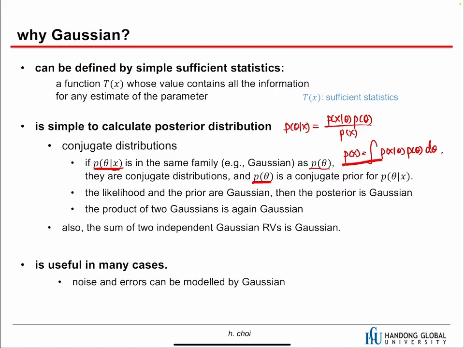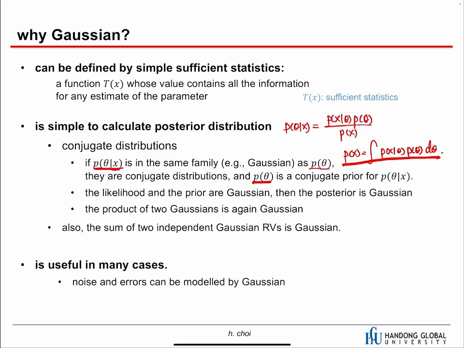So this integral is almost impossible in many problems. That's why this p of x is a headache in machine learning many times.